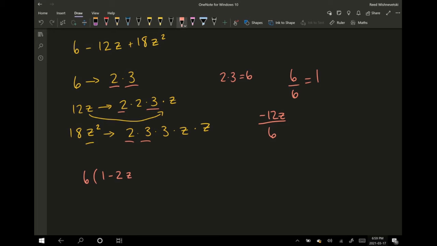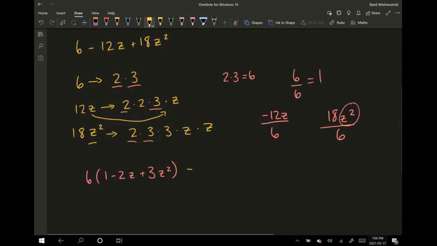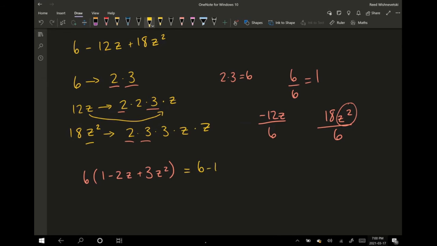Okay, now our last one here is going to be 18z squared divided by 6. We know 18 divided by 6 is 3. And we still have that z squared left over, so we're going to tack that on the end. And that's all you have to do for there. So all we're saying is 6 times 1 minus 2z plus 3z squared is equal to 6 minus 12z plus 18z squared.